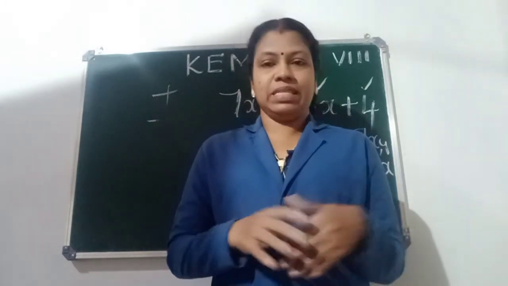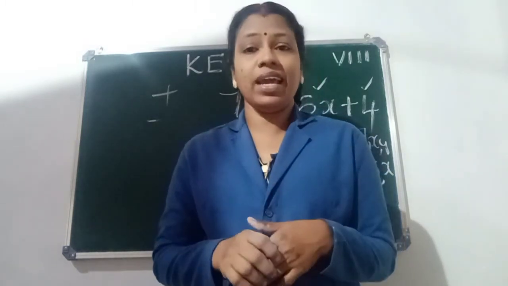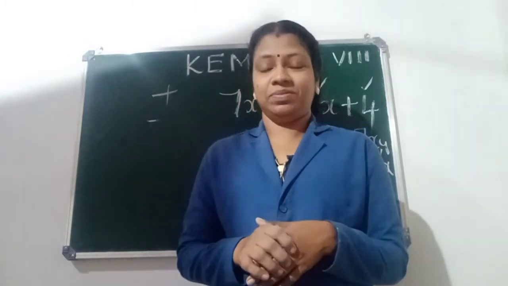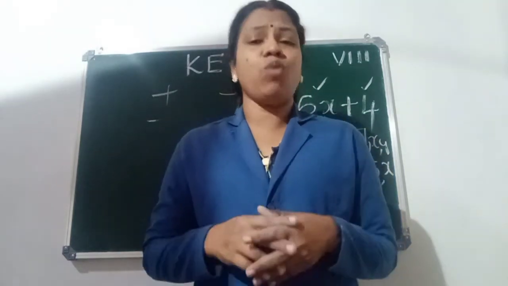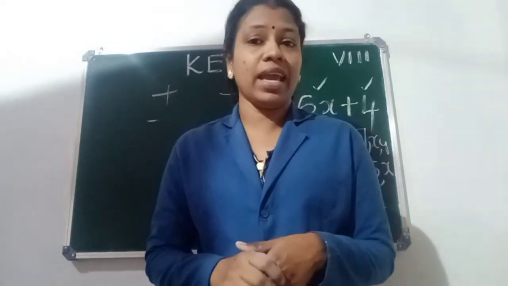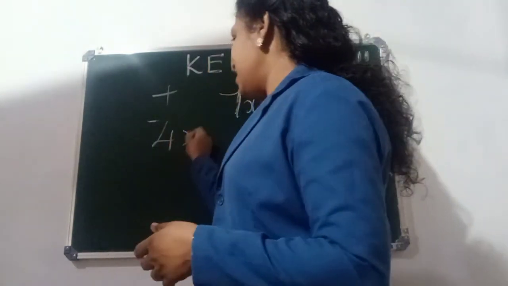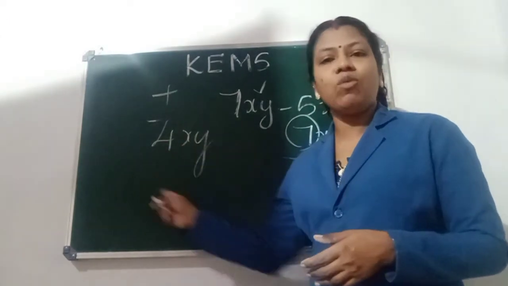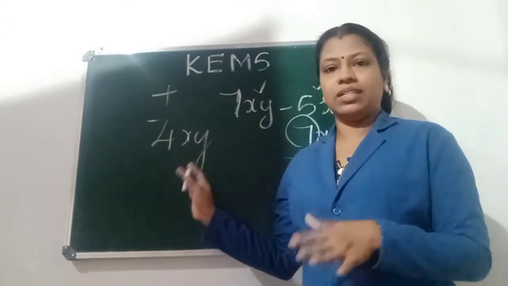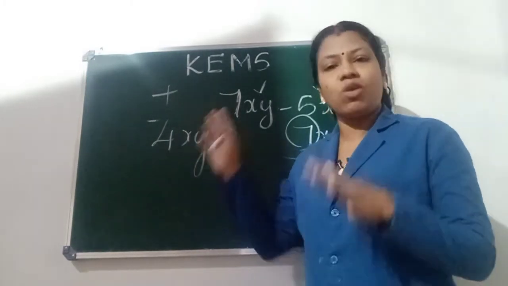An expression that contains only one term is called a monomial. So, 4xy is an expression. It contains only one term, 4xy. So this is a monomial because it has only one term.